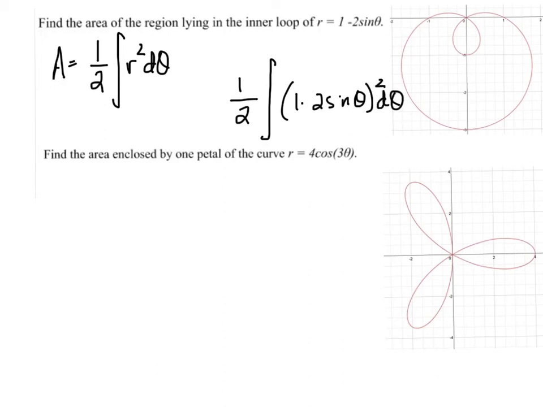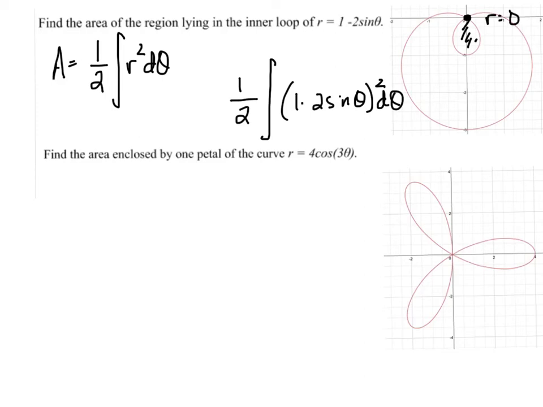Okay, so now all we need to do is figure out, here's the inner loop. What two angles enclose the inner loop? Well, remember, r is a measurement of how far away from 0 you are. Well, the inner loop starts at 0, 0, so in both those cases, r is 0.